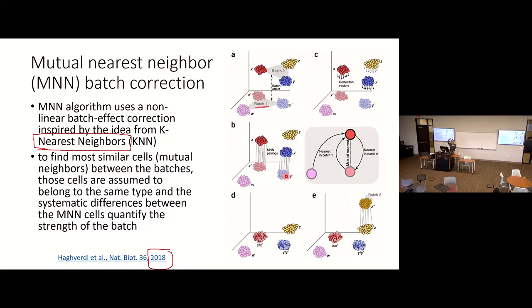The population of cells where you found their neighbors, this group and this group, from the other way, from this batch you look back, you cannot just say this population maps to the nearest here. So it has to be mutual. This is called mutual nearest neighbor.